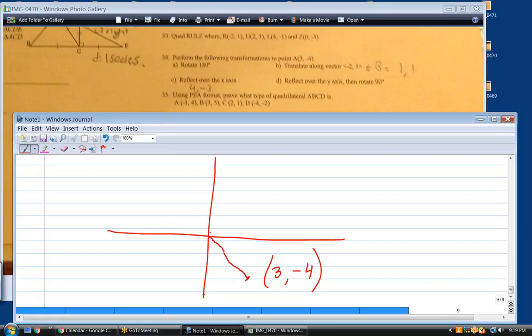But if you do 90, and I say counterclockwise, then I'm going to move that line 90 degrees counterclockwise, and the point ends up there. What do you suppose the coordinates are on that point? 3, 4. I think it's 4, 3.